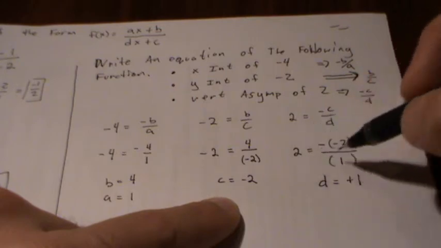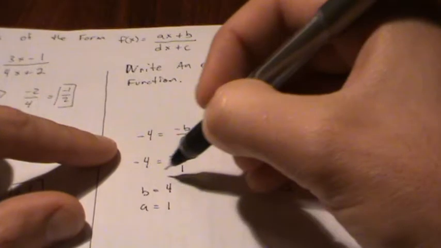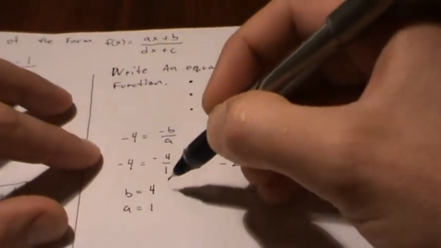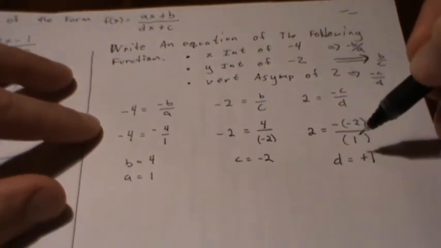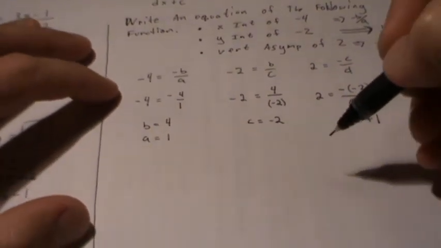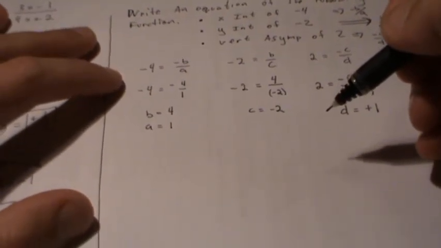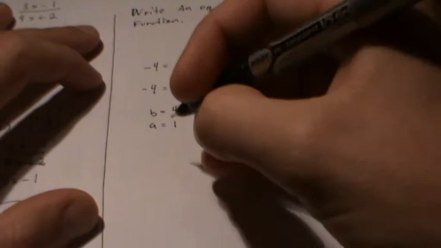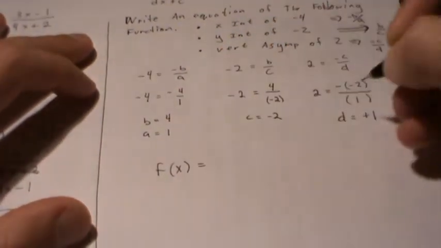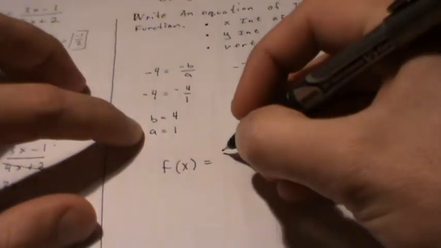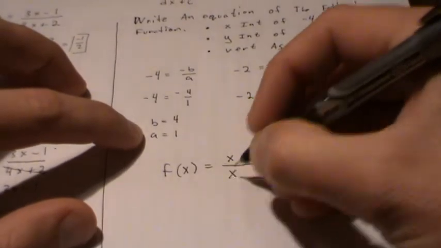And so you can figure out what these are. The first one you get to make up any way you want. Then the second ones just fall into place as it goes. You've got to practice this a few times, and it just starts to work. So now my function is f of x equals a, which in this case is 1, x over x.